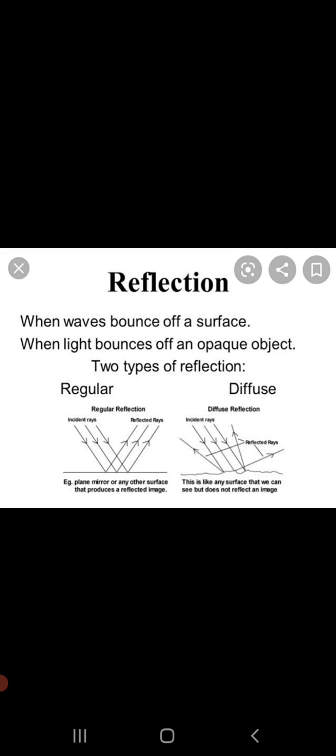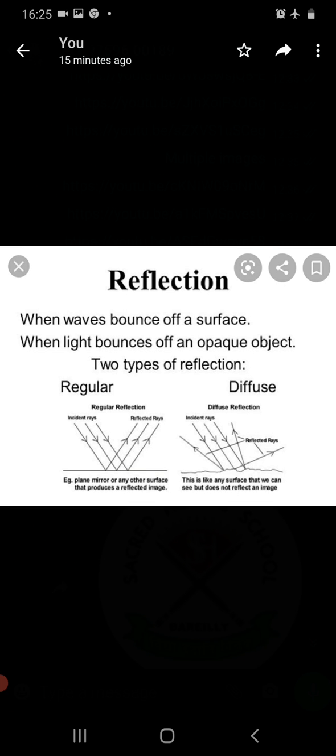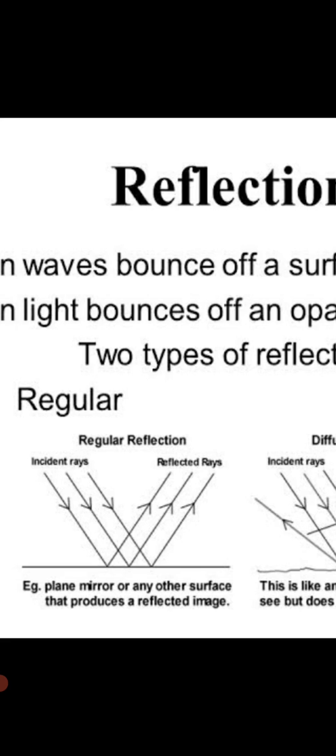Here in this regular reflection, reflected rays are parallel to each other. In maths you have heard this term parallel, right? So the parallel lines, what happens? They don't meet each other, as you can see here in the diagram of the regular reflection.